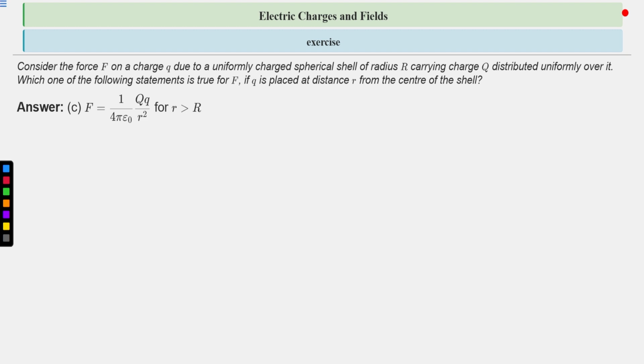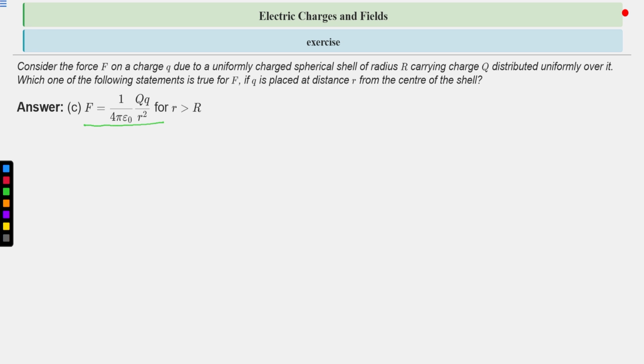So the correct answer is C. F equal to 1 by 4 pi epsilon naught Q q by r square for r greater than capital R, means the distance greater than the radius of the spherical shell, means for an outside point, the force is given by this expression.